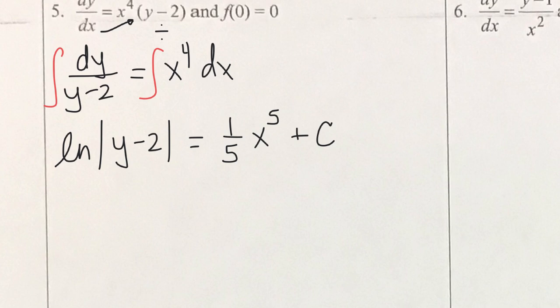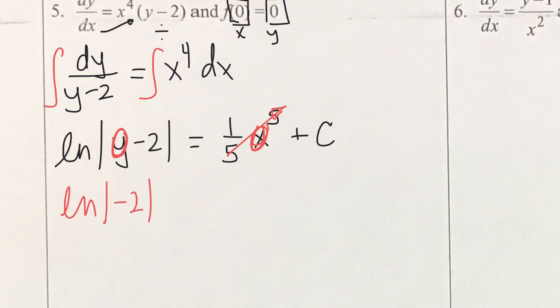So now our initial condition: we have an x of 0 and a y of 0. So you plug in 0 here and 0 there. Let's figure out what we have on the left side. We have natural log of the absolute value of negative 2 equals c.